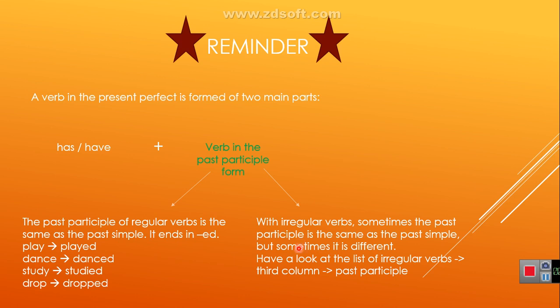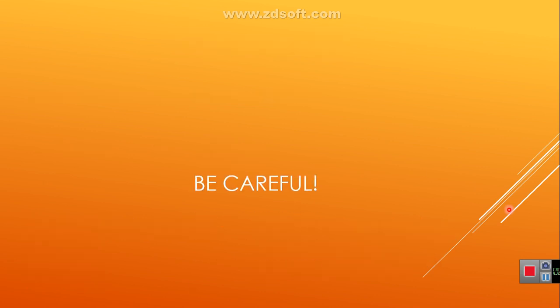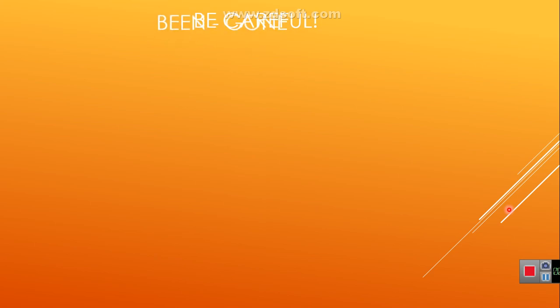How do you know that? You need to have a look at the list of irregular verbs, third column, past participle. Be careful. The first thing we are going to learn today is the difference between been and gone.